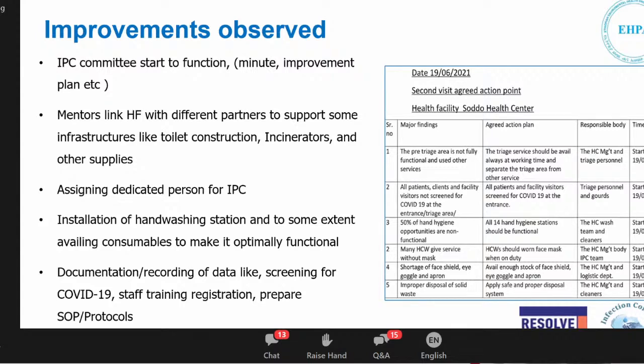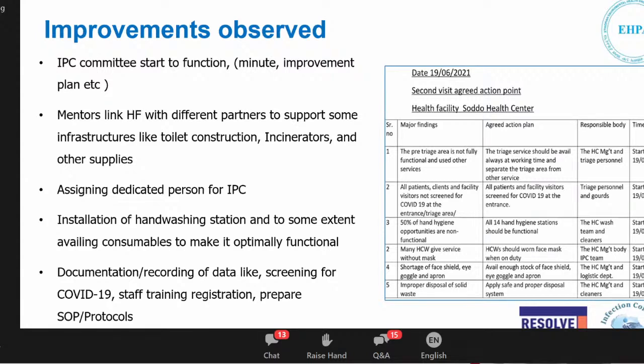Now the facilities have started to assign them; I can say all facilities have assigned a dedicated and trained IPC focal person for that specific institution. There is also installation of hand washing stations, even if not running water, like a small bucket or jars, and different solutions are used at the entrance and different service areas of the health facility, and availing consumables, as I mentioned.